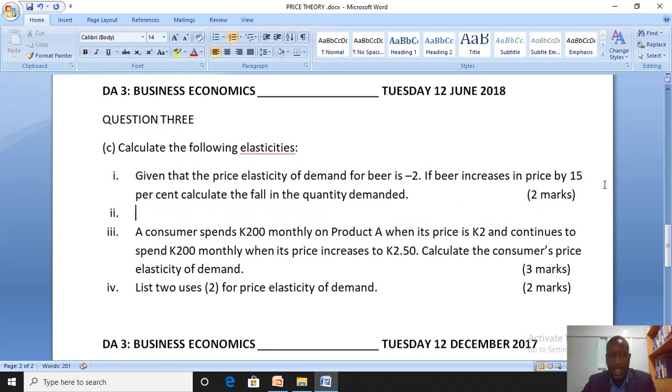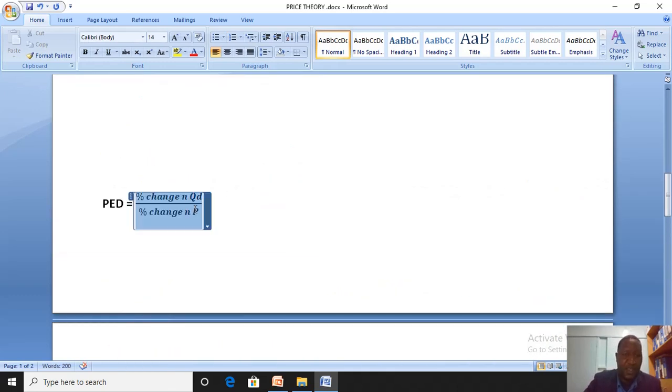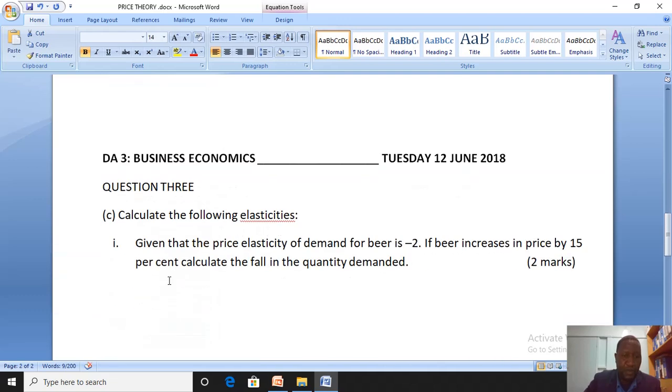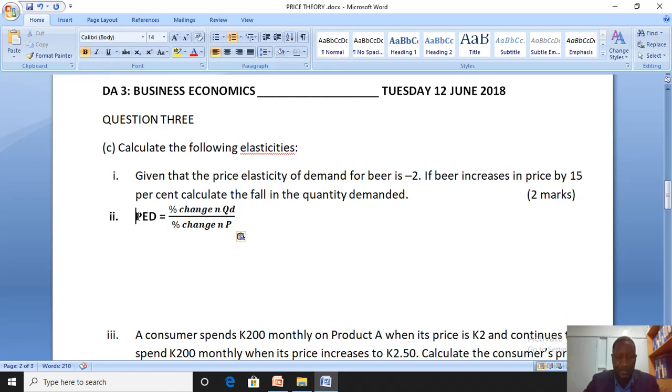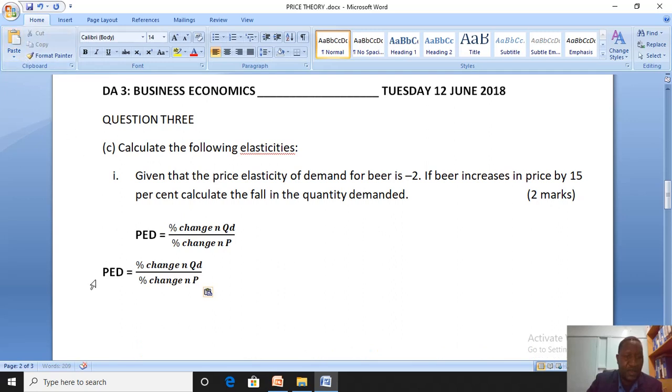We already have the formula for PED. So let me just get that formula for PED and bring it down there. What you need to do with this formula is simply replace what you have been given in the question. We are told that the PED is -2. So where there is PED, put -2. That's the PED we've been given.